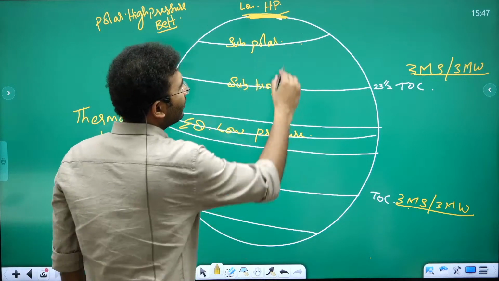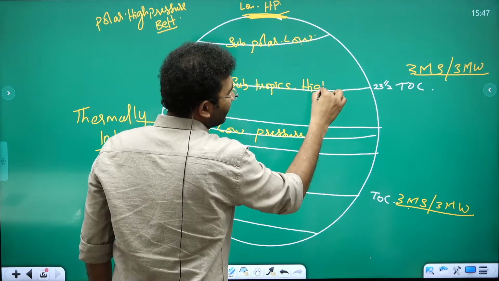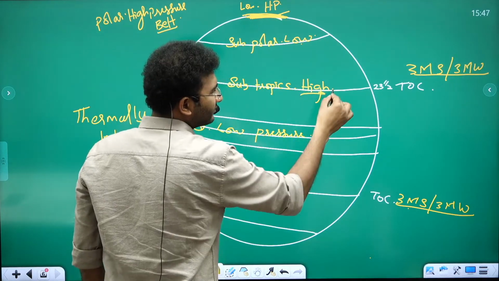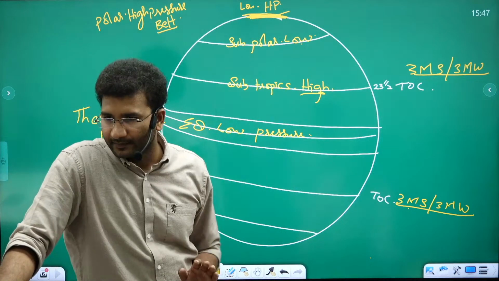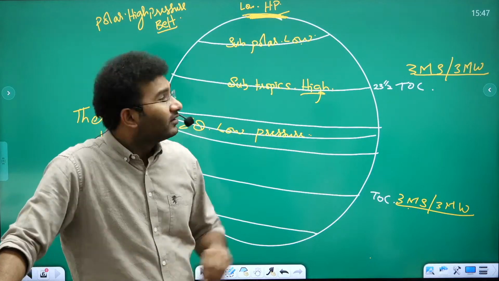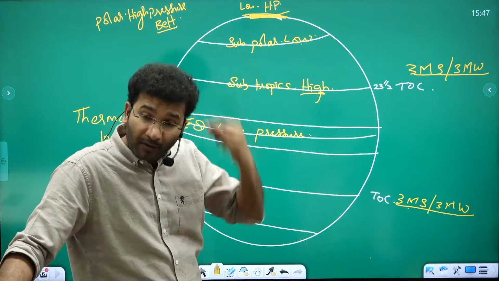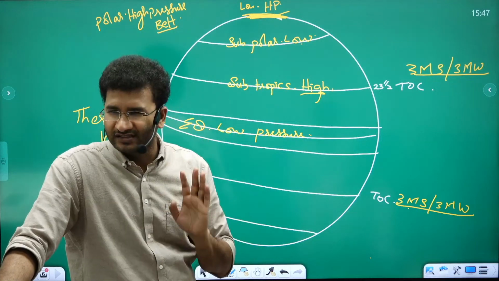So that's why it is called the subpolar low and this is called the subtropical high. Now why is this high? It is because in comparison to the equator, right? Now these two belts are formed simply because of dynamic reasons, more than one reason. They are forcefully formed.